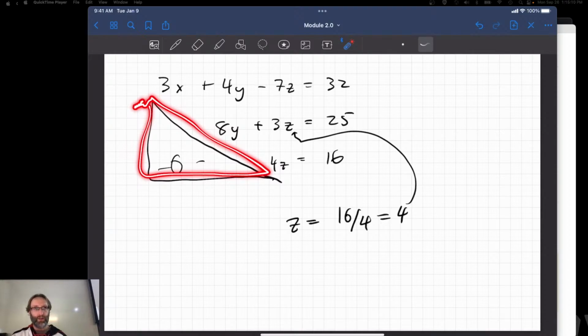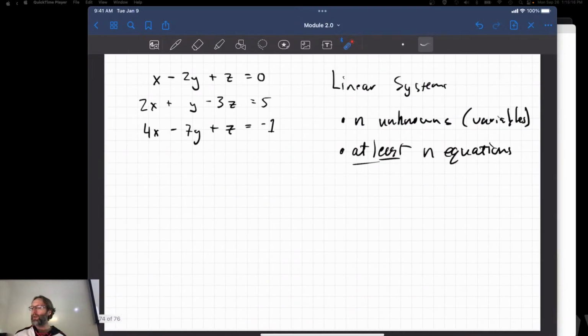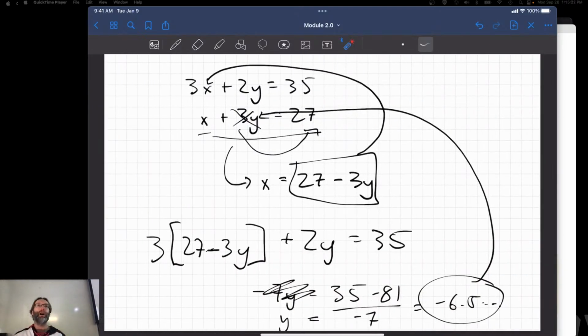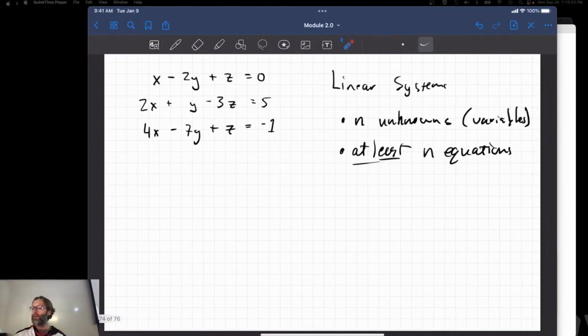To get a Gaussian elimination, we need to understand what are some valid things that we can do to this. So let's go over here to this one. What can we do to this without changing the system? What could you do to this one without changing the value of the system? Valid operations. What are the three fundamental ones?